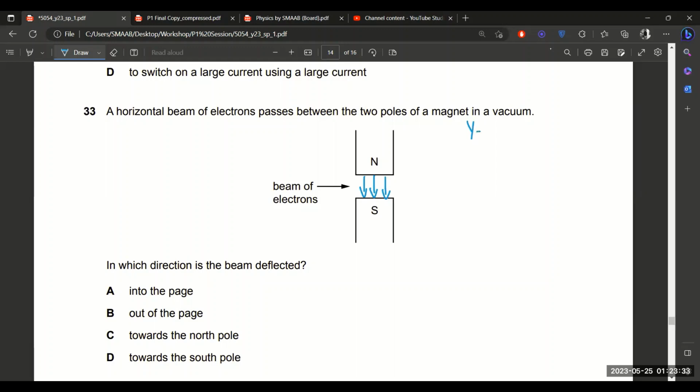If we consider the y-axis, on the y-axis we have our magnetic field, and on the x-axis we have the beam of electrons, and we need to find the deflection. So the direction will be along the z-axis, because all three are mutually perpendicular.